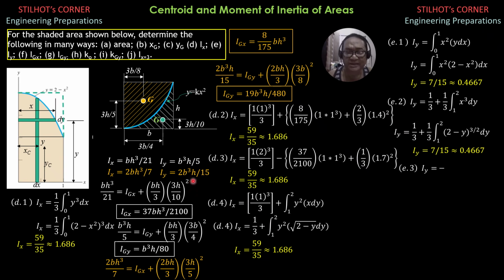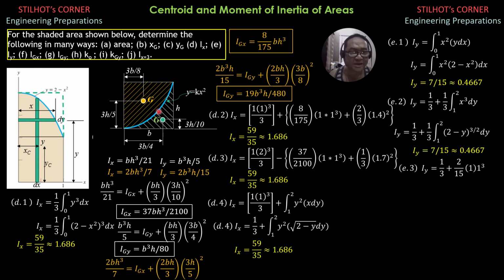Next method, E.3, IY equals moment of inertia of the square with respect to the base and moment of inertia of this parabola with respect to this axis. So if this is the parabola, this is the axis of the parabola, which is just the inverted part, but the formula is the same.